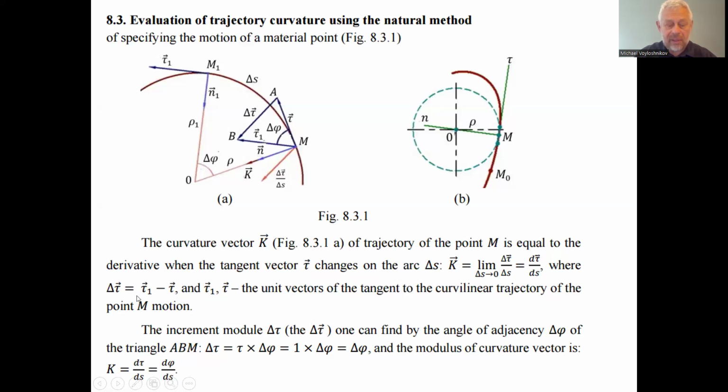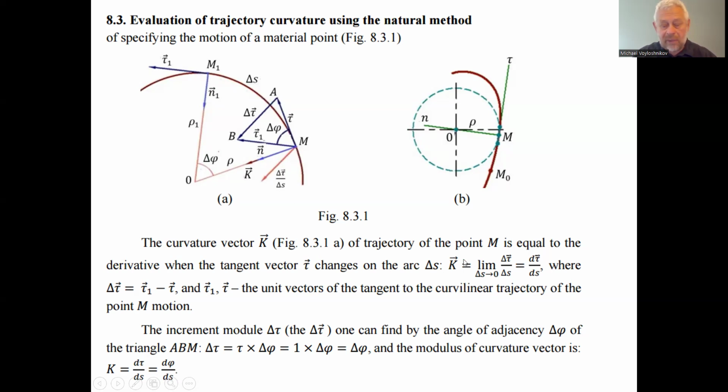This delta tau is the increment, the difference of the vectors tau1 minus tau, indicated here on the scheme, figure 8.31A. The vector of the curvature is directed the same as the vector of the increment of the ort, the change of the ort delta tau, the ort of the natural coordinate system moving together with the point M. If we consider this vector from the point M, it will be parallel in direction to delta tau.